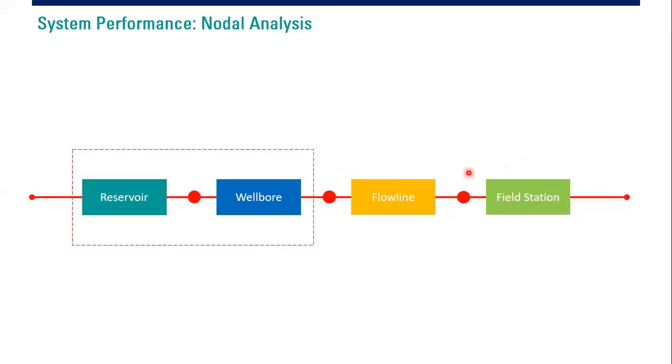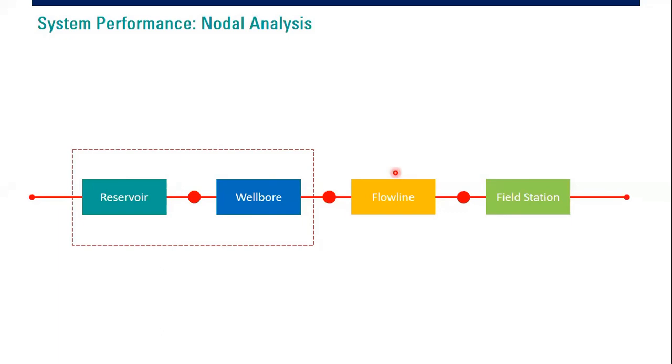If you are a reservoir engineer or production engineer concentrating on the subsurface part of the petroleum industry, we have more interest in the reservoir and wellbore. The flow line and field station become the responsibility of our friends, the surface facility engineer, mechanical engineer, process engineer, chemical engineer.